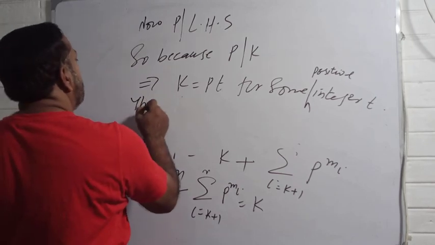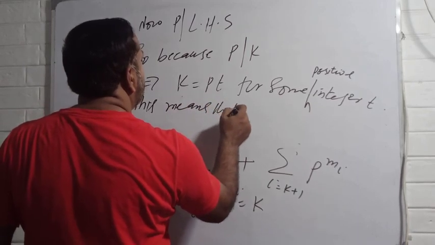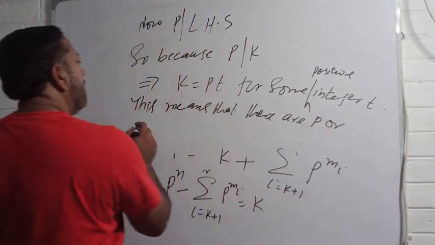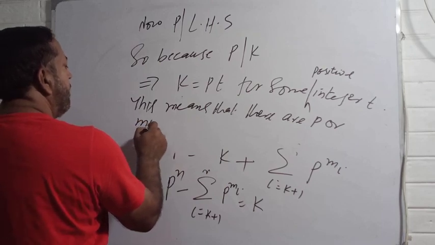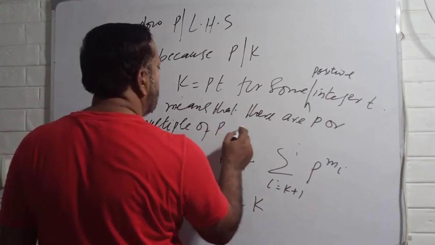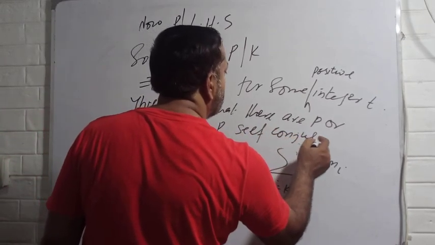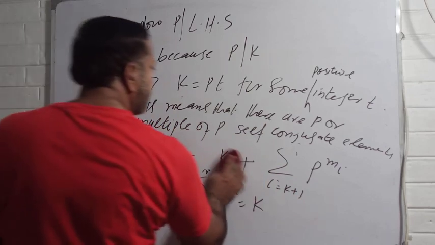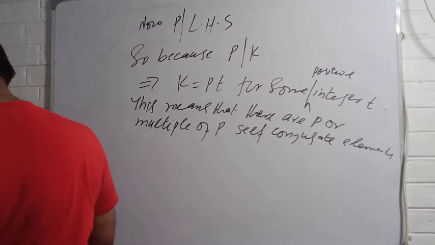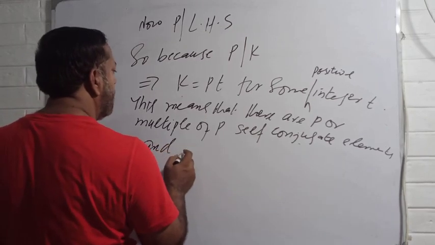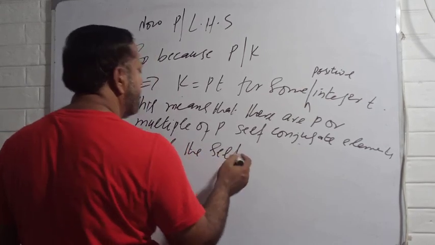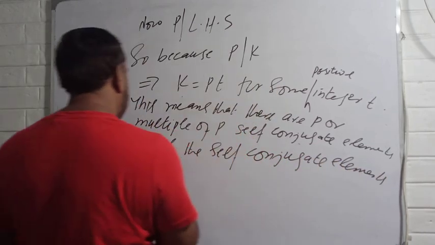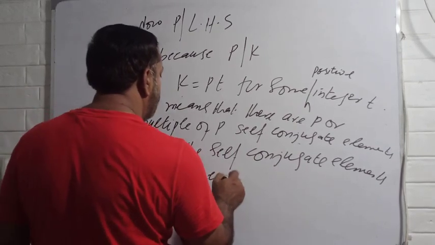This means that there are P or a multiple of P self-conjugate elements, and the self-conjugate elements are the central elements.